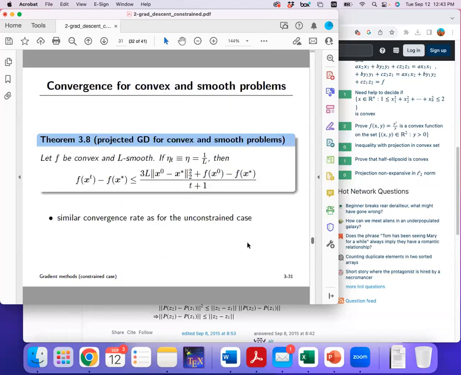In the end, we showed that if f is convex and L smooth, and it's a constrained problem, if we choose such a step size, then this projected gradient descent algorithm will converge at such a convergence rate. It's roughly 1 over t.